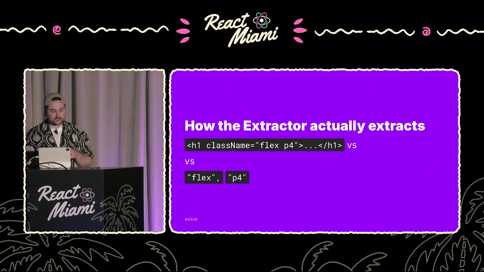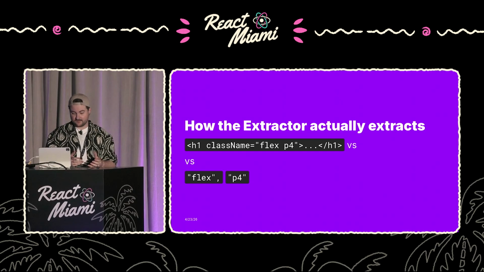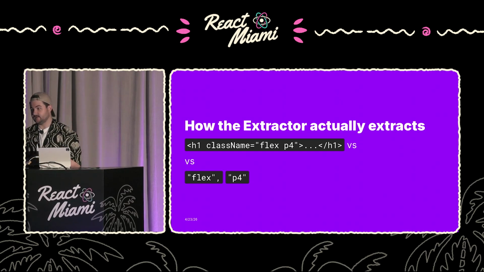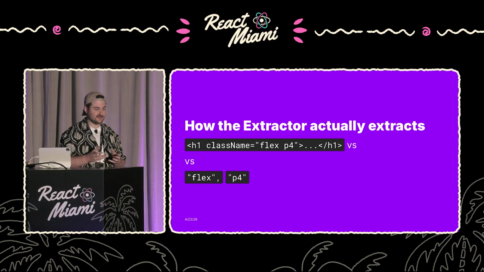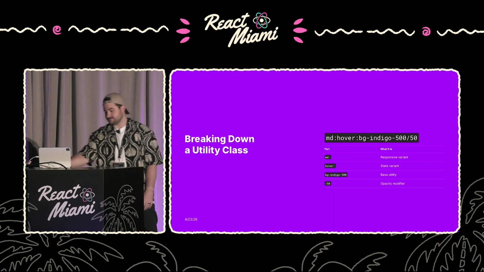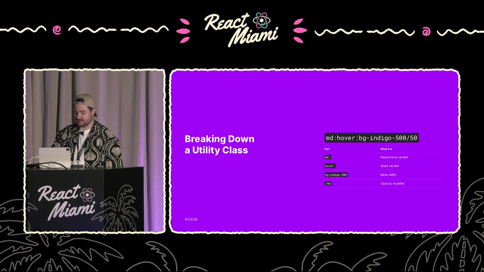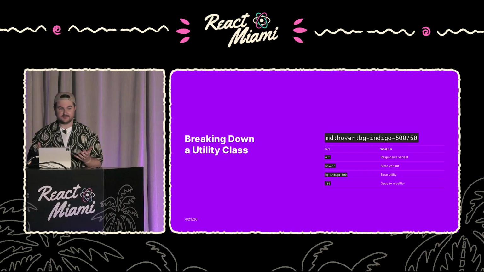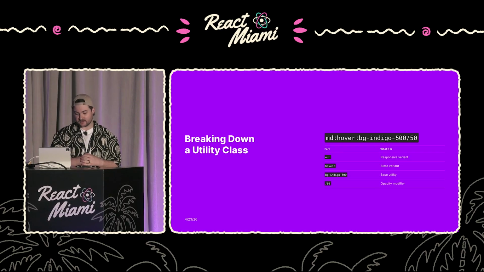Okay, so we understand how the extractor knows where classes can start and end on an element. But we haven't talked about how it actually separates them into individual utility candidates, because you can apply more than one CSS class to an element, right? Let's use a slightly more complex example, building on the utility that Mitch added to his markup.